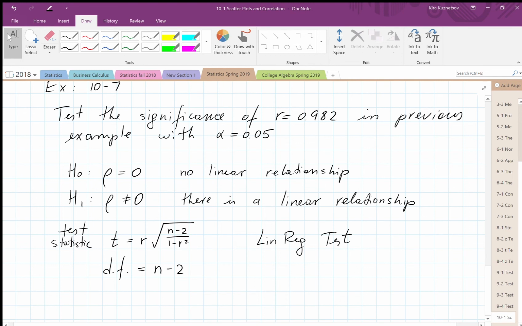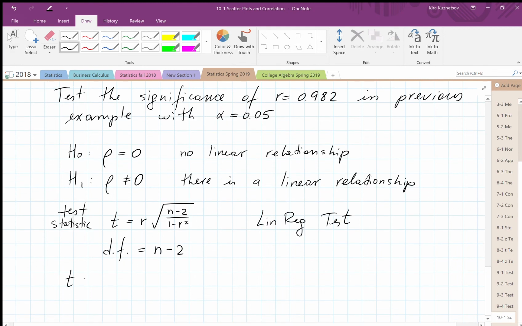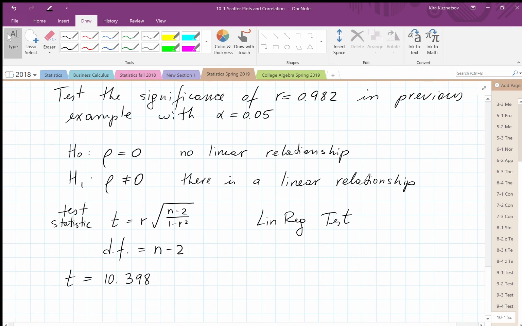Now, if I plug all of the numbers into the formulas on my calculator, the t-test statistic that comes out for this test happens to be 10.398. We'll take a look at the p-value once we run this test.